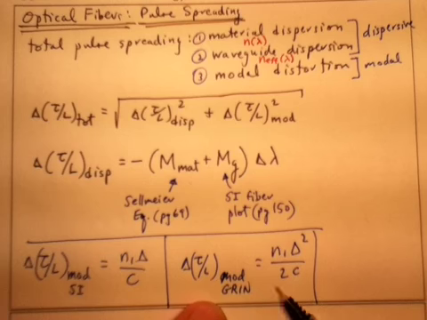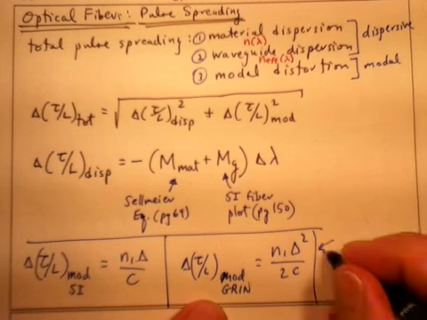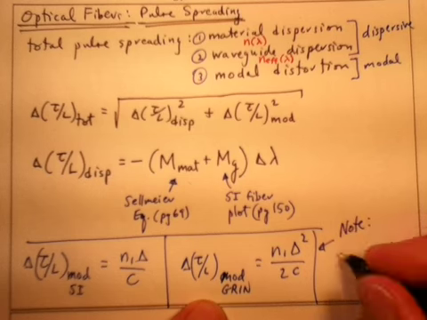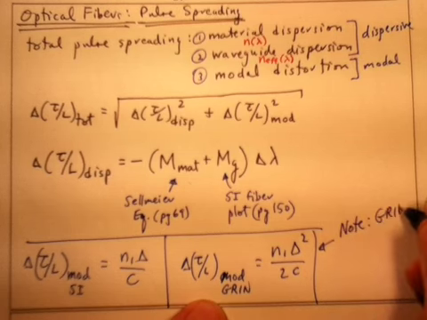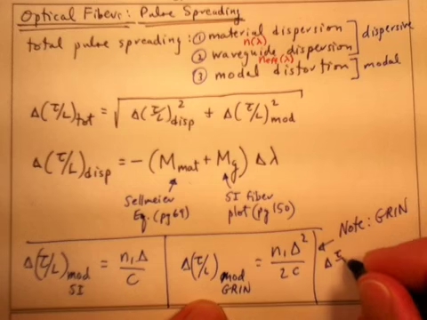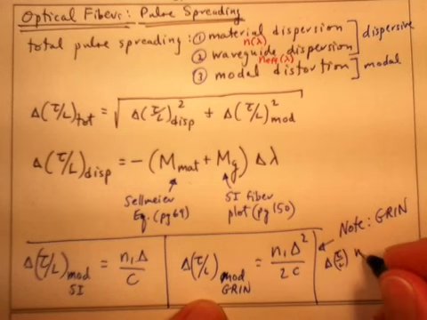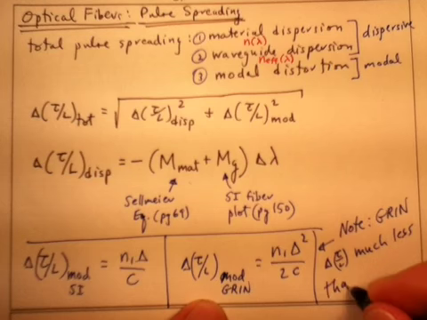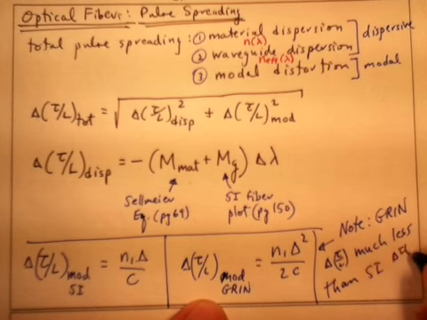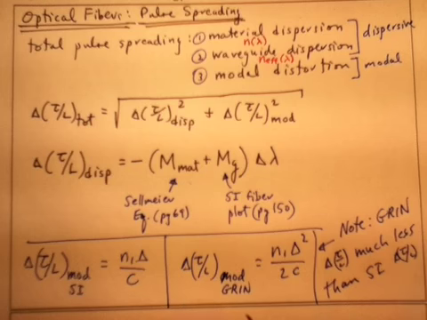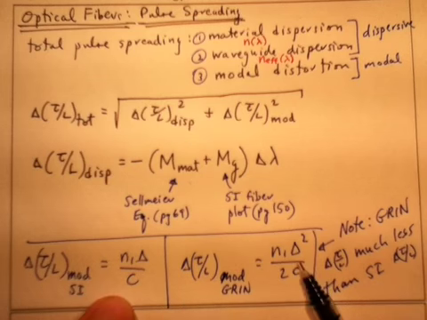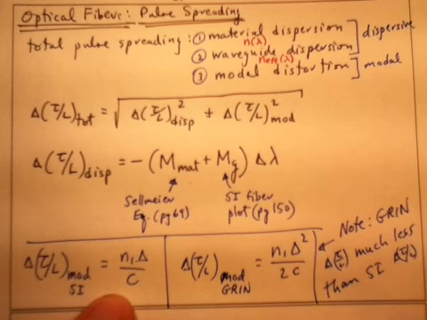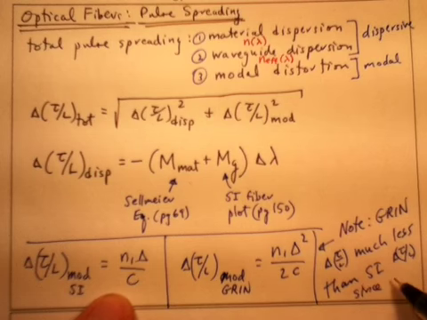But what's important is to note that the GRIN delta tau by L is much less than the SI delta tau by L, due to the fact that it's essentially the same equation, except it has another factor of delta over 2, since deltas are small.